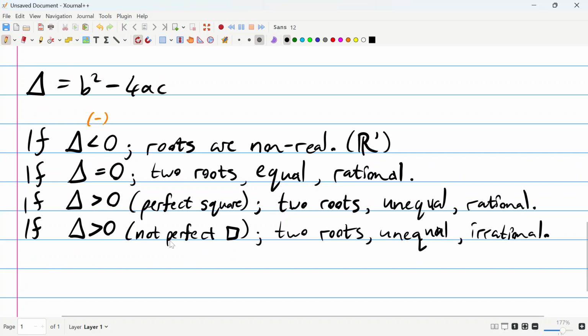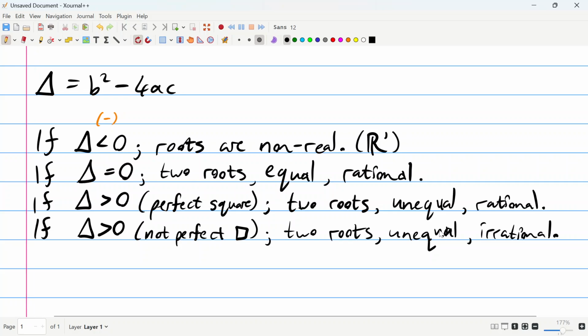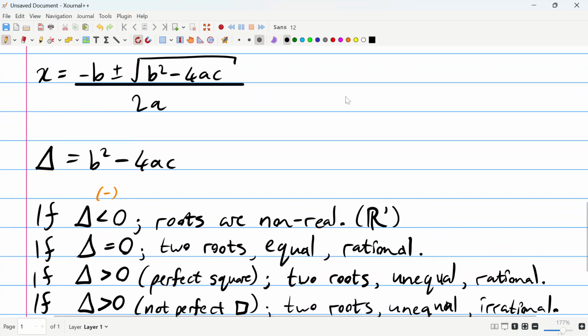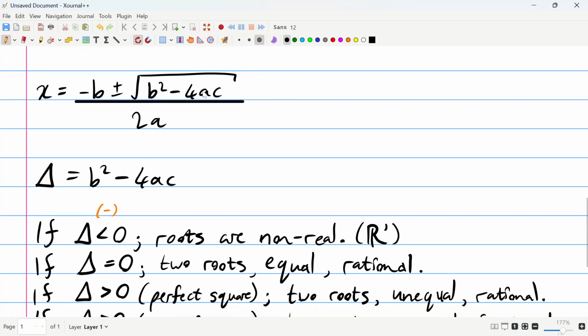And if it's positive with a non-perfect square, then it will still have two roots and also be unequal. However, it is irrational. Okay, because if it's not a perfect square, it's going to be messy. Because the square root doesn't cancel out the square, by the way, just in case you wanted to know. So you might get a square root of 5, like we did in the last example.